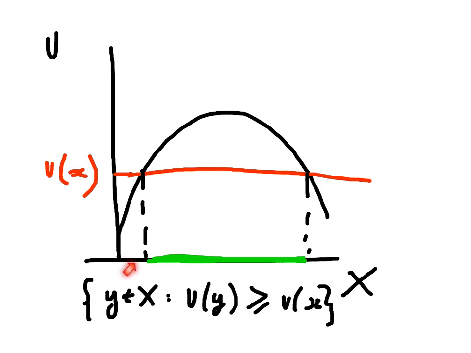I can easily see that the utility would be here, and that would be lower than u of x. What makes the utility function quasi-concave is simply the requirement that the set here be a convex set. Is this convex? Yes. Why? Because I can pick any two points in that set, and their linear combination will also be in the set.